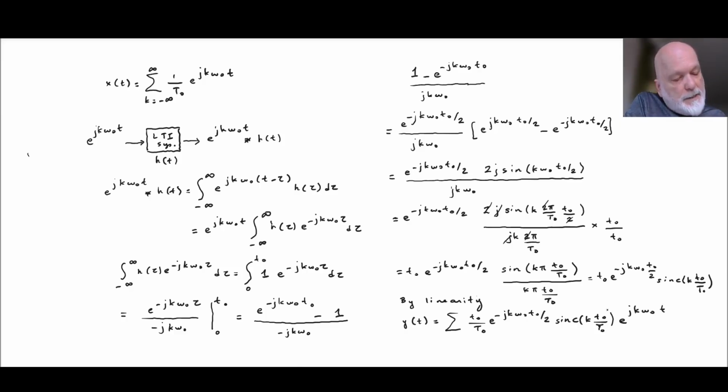So this expression, the multiplier, is the Fourier series coefficient of y of t. The corresponding Fourier series coefficient for any k is obtained by multiplying the original Fourier series coefficient of x of t, which is 1 over capital T0, by the constant term we have obtained when we applied the complex exponential signal e to jk omega 0 t as the input signal of our LTI system.